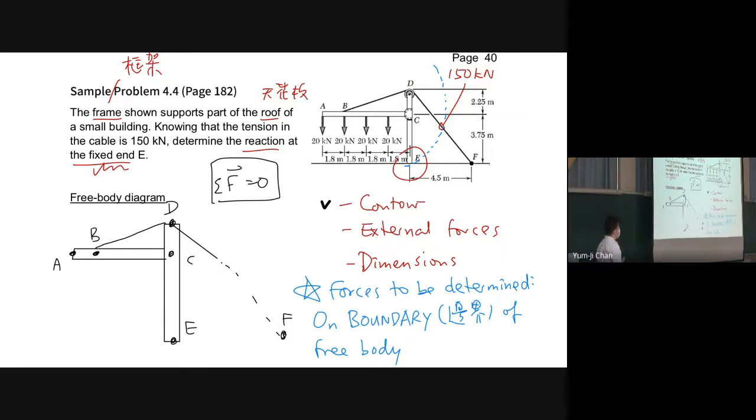Now when we draw the external forces, how many external forces do we have? Firstly, we have those 4 forces, those 4 20 kN forces. These should be drawn here, and we need to write down the magnitude.